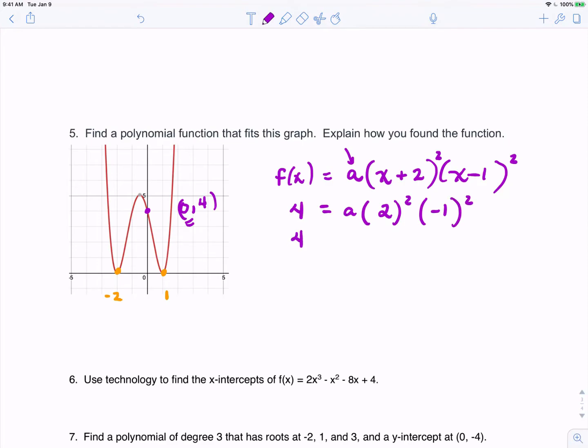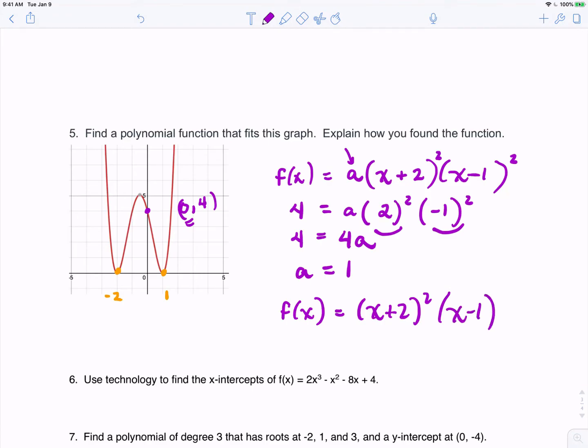So let's go ahead and simplify this. So this would be 4 times 1, that's 4. So 4a, so a could be 1. So a function that could have this for a graph would simply be f of x is equal to 1 times (x plus 2) squared times (x minus 1) squared.